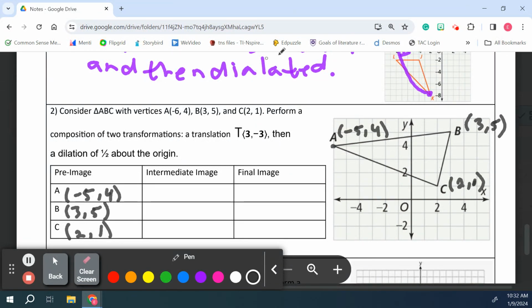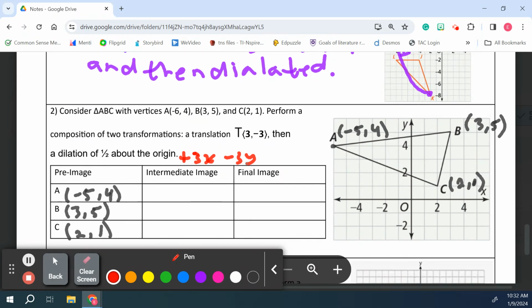All right, so the first thing they want us to do is do the translation of 3, -3. So remember, this means we're adding 3 to x and subtracting 3 from y. Okay.